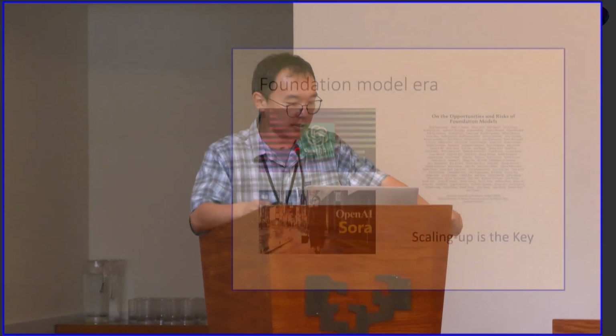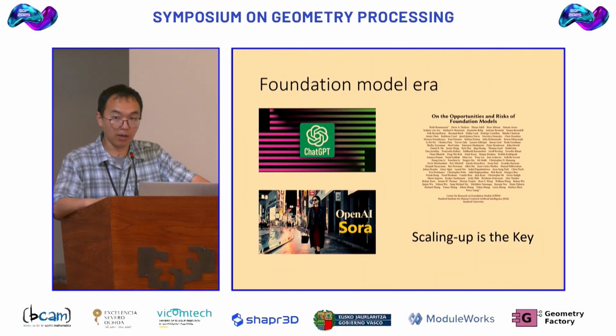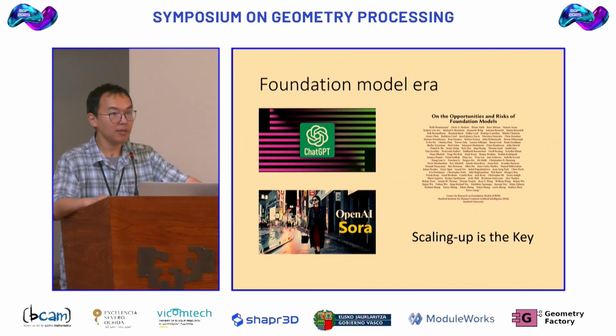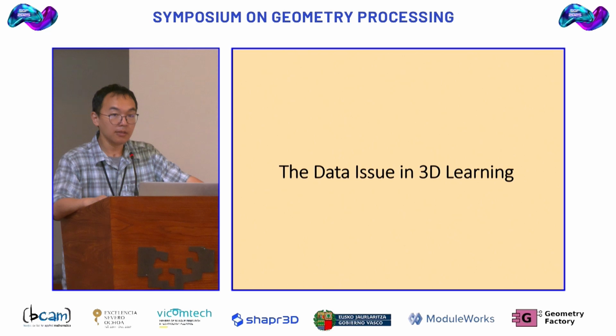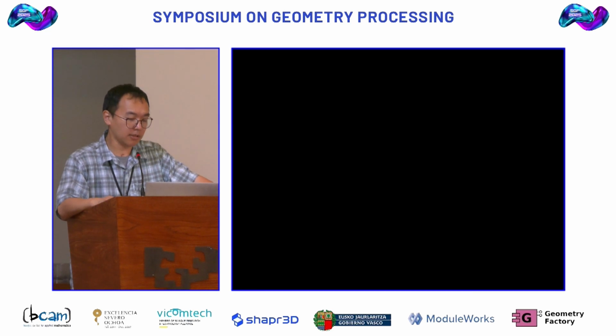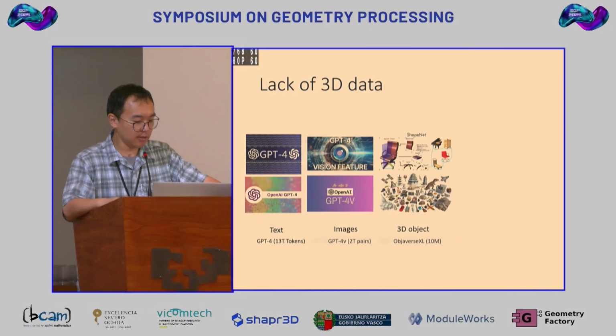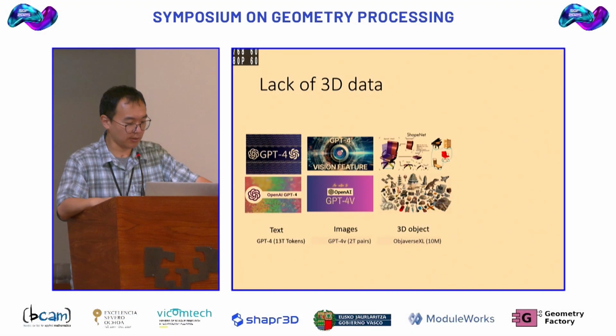Let me start. We are in the foundation model era, so scaling up is the key. In generative AI, if you look at the 3D community that deals with generating and learning 3D geometries, we have a serious data issue. The foundation models for ChatGPT and vision language models are trained at the scale of trillions of tokens.